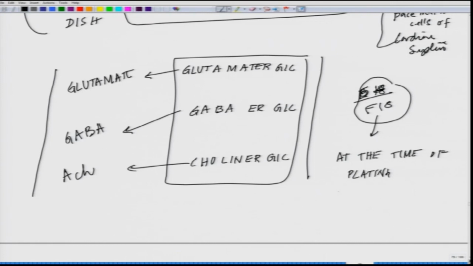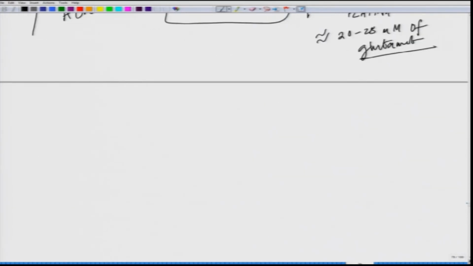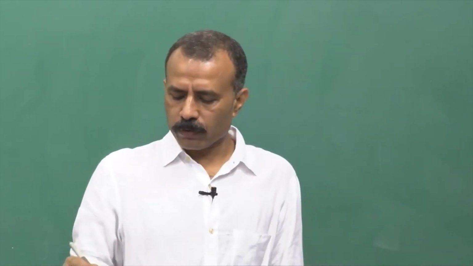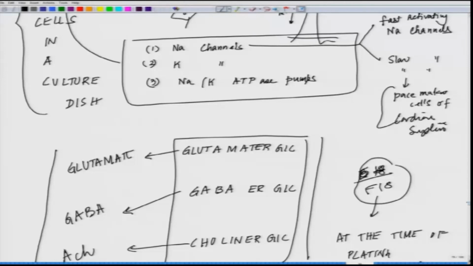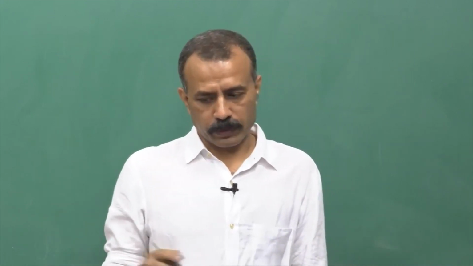So, on an F18 culture at the time of plating, one adds a very trace amount, 20 to 25 micromolar, of glutamate. The reason is this glutamate helps in the expression, or in the differentiation, of some of these channels and further brings excitability by binding to the glutamate receptor on their surface.